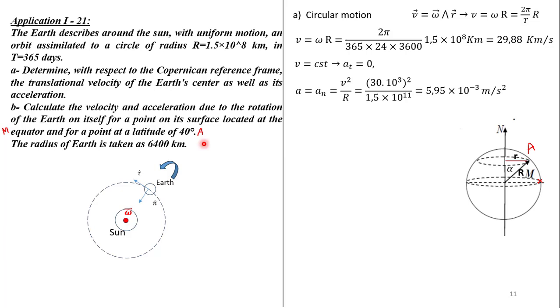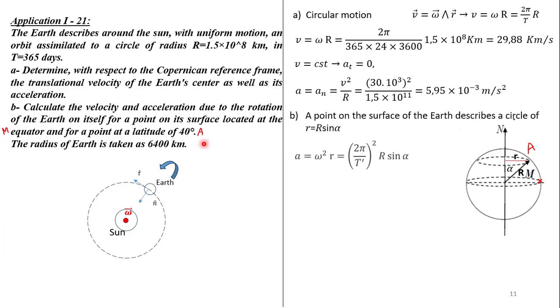So we need to apply the rule, but pay attention to the direction of the vectors. Again, we will use a equal omega squared times r, which is the same as V squared over r. This is equal to 2 pi over the period of rotation of the Earth around itself.